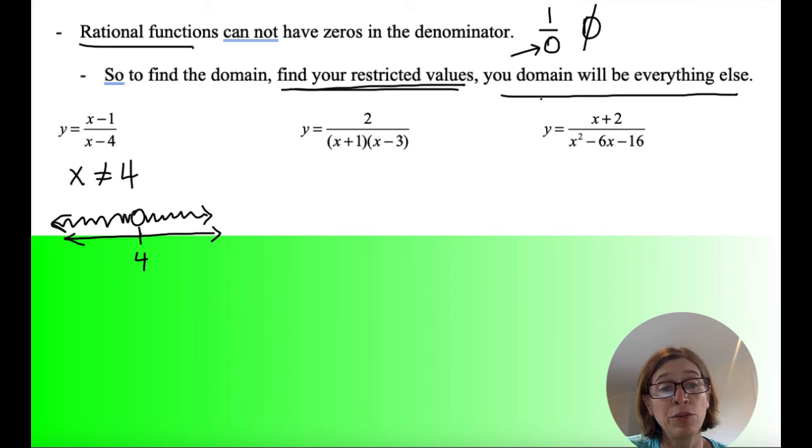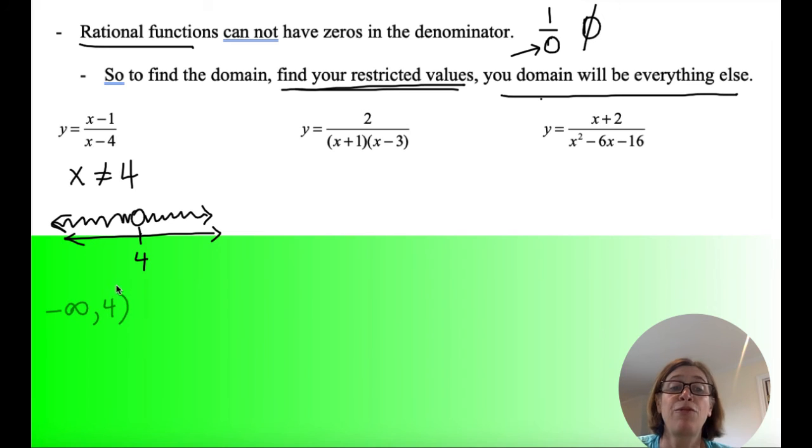All right, so with interval notation, we would say -infinity, comma 4, because we don't want 4 included. Okay? And then we want to pick up on the other side of 4, so we have to have a union with where we want to start on the other side of 4, which again is parentheses 4 to infinity. Parentheses.